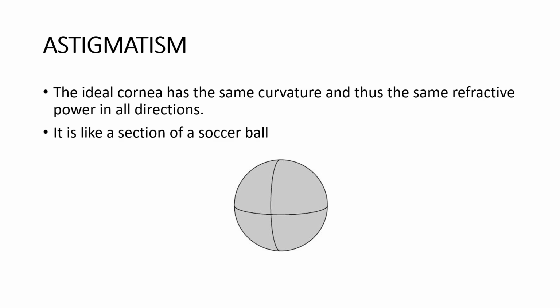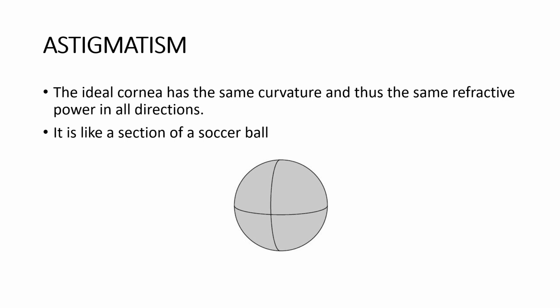So astigmatism may be a bit of a more difficult concept. The ideal cornea has the same curvature and the same refractive power in all directions.